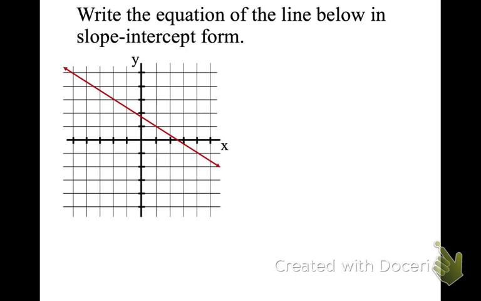All right, write the equation of the line below in slope-intercept form. Well, we can use our point slope because we can figure out what a point is. Since we don't have access to a clear y-intercept, we can use a point and a rise over run, right?